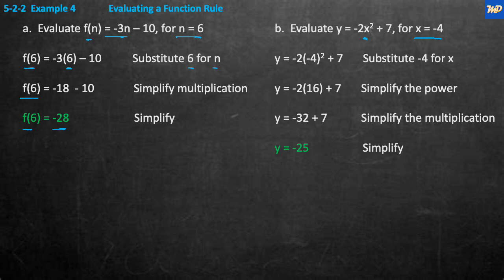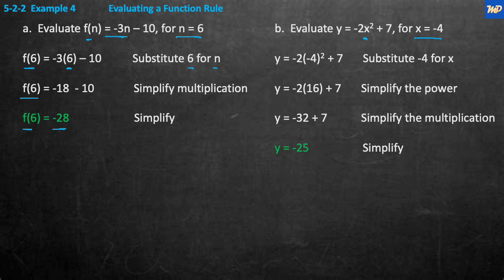I put the parentheses around it because if you didn't have the parentheses, then that negative sign would not be included with the squaring. You're squaring everything within. When you square the negative sign, you get a positive sign. But if it was left outside, you'd have 16, but then it'd be negative 16. So we substitute negative 4 in parentheses in the equation.